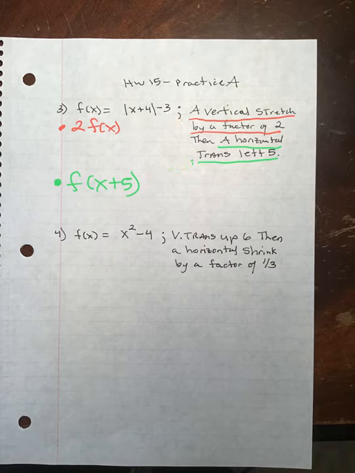So now we're going to perform the first one. Remember, you're multiplying 2 times the entire function. So we have to multiply 2 times this entire function. So it should look like this. You should have, so the entire function is absolute value of x plus 4 minus 3. We have to multiply that entire function times 2.